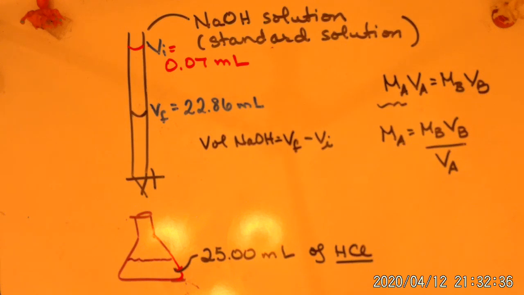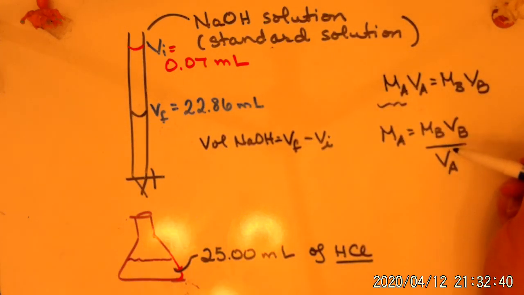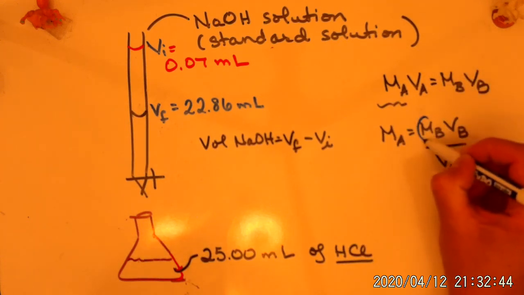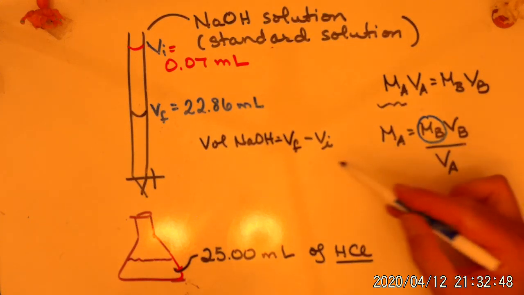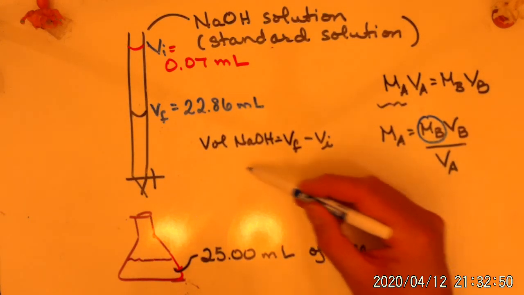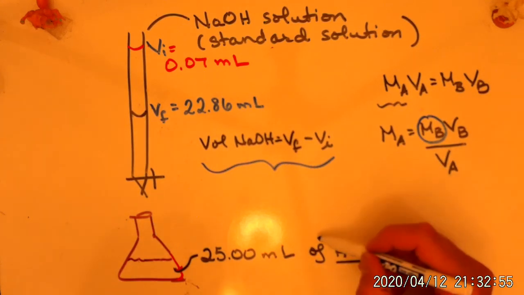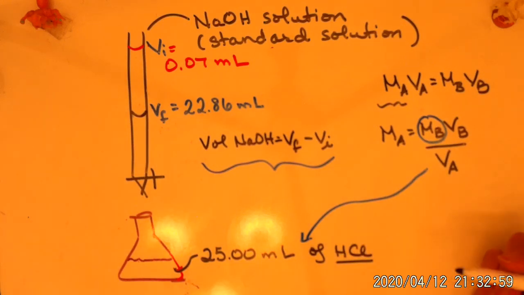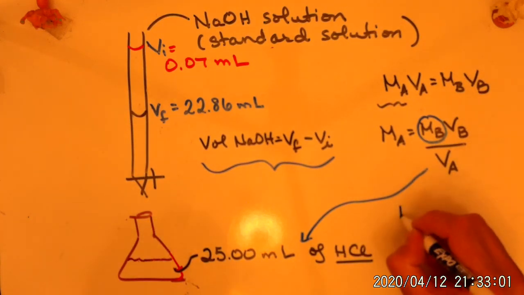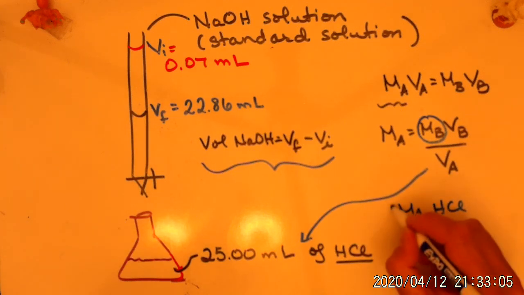So, MB, you determined that when we did step 1. So from the previous slide, you determined MB. VB, you know that's your base, so you're going to get it here. VA is given to you right there. So from this set of data, you can now give me the concentration of my HCl solution.